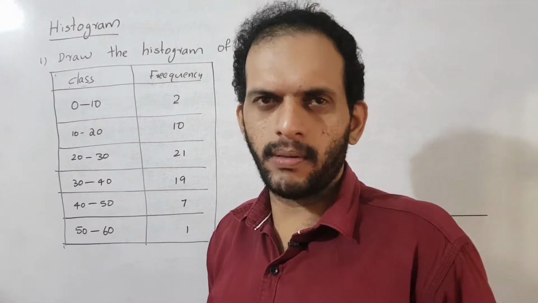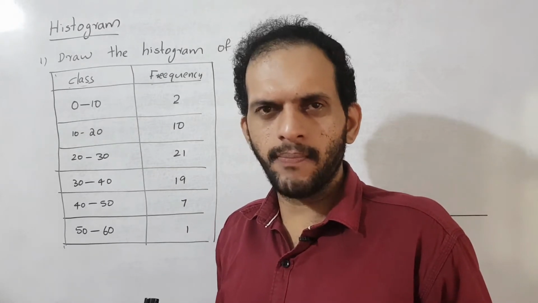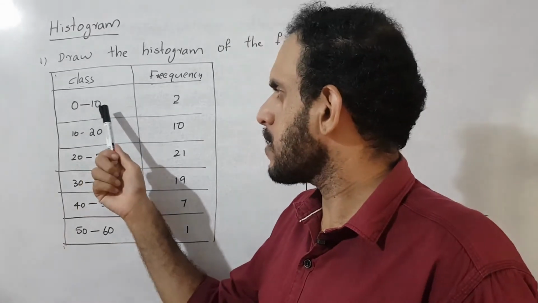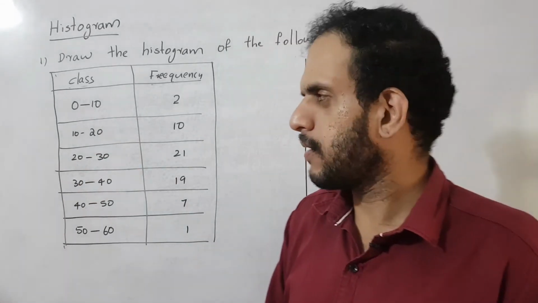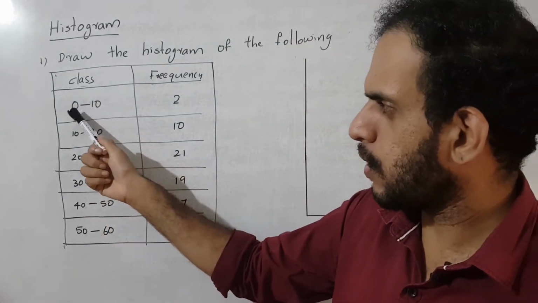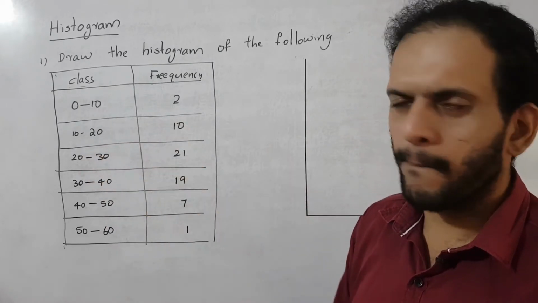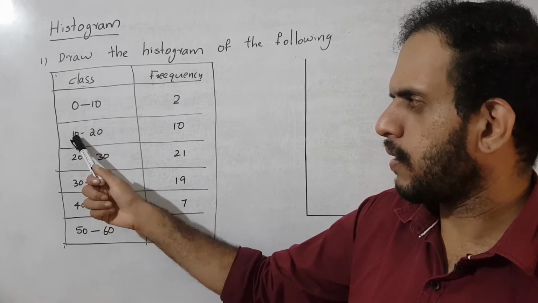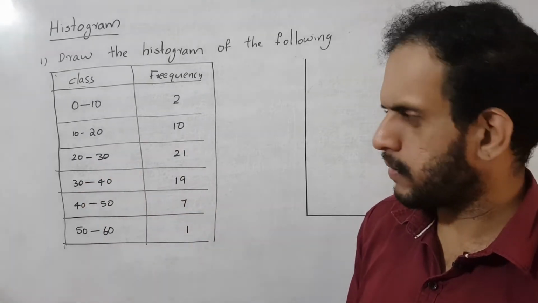The least boundary is called the lower limit and the highest boundary is called the upper limit. In the first class, 0 is the lower limit and 10 is the upper limit. In the second class, 10 is the lower limit and 20 is the upper limit, correct?